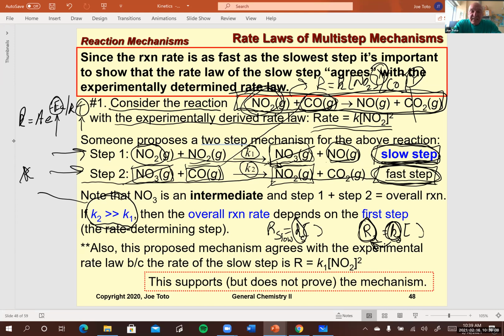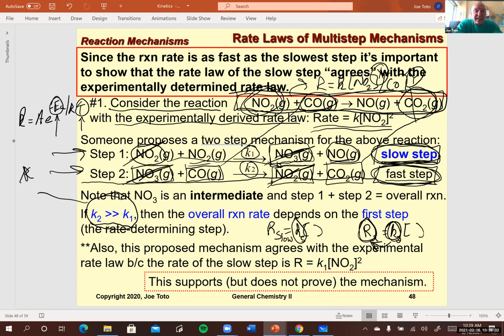And then this last guy, what is this? Product. Yeah, product. Good, great. So that's pretty much the ins and outs of a mechanism. Now, if I add it up, I cross out the intermediates, right? And I add up the other guys, I got to cross out one of these.